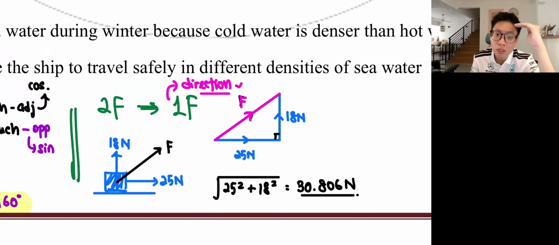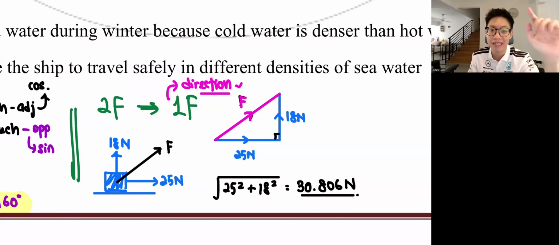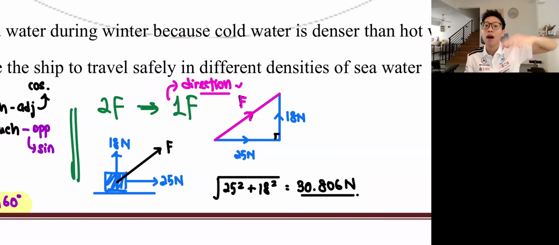Usually when we write this, we have to write the angle. No, you cannot tell me left, top, left, right, up, down. Cannot. You have to tell me the exact angle above the horizontal, or below the horizontal. Okay, can, all right?